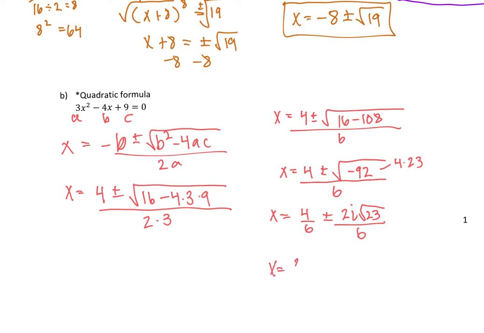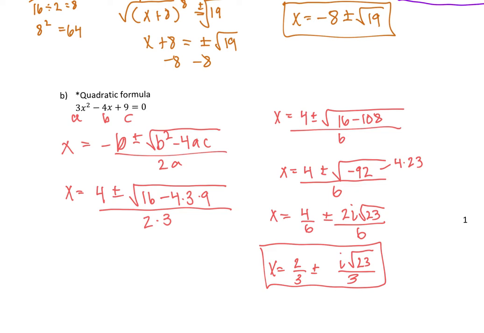So we've got 2/3 plus or minus 2 over 6 reduces to just 3 in the denominator. So that's i square root 23 over 3. And that is our final answer. If we were to use complete the square in that process, we would still get the same thing.